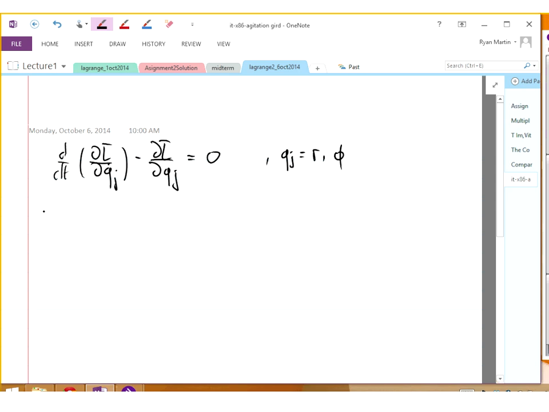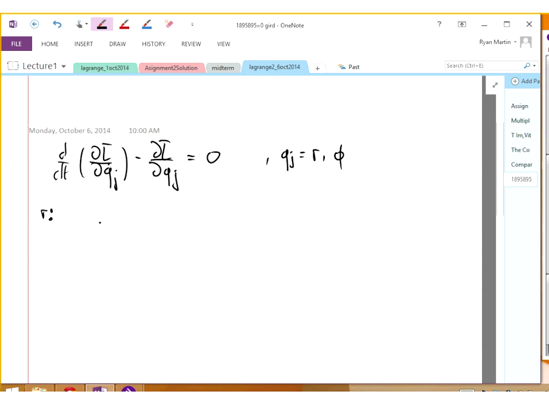So let's do the case for r. I look at the modified Lagrangian, and there's only one term that depends on little r dot, and that's the half m little r dot squared. So if I do ∂L/∂r dot, I get m r dot. And then if I take d/dt of that, I'm going to get m r double dot since m is constant.